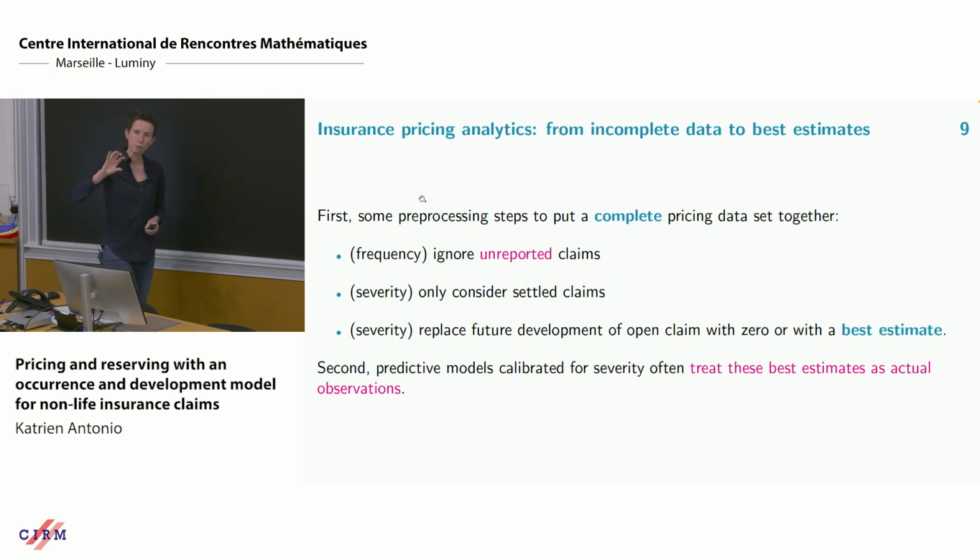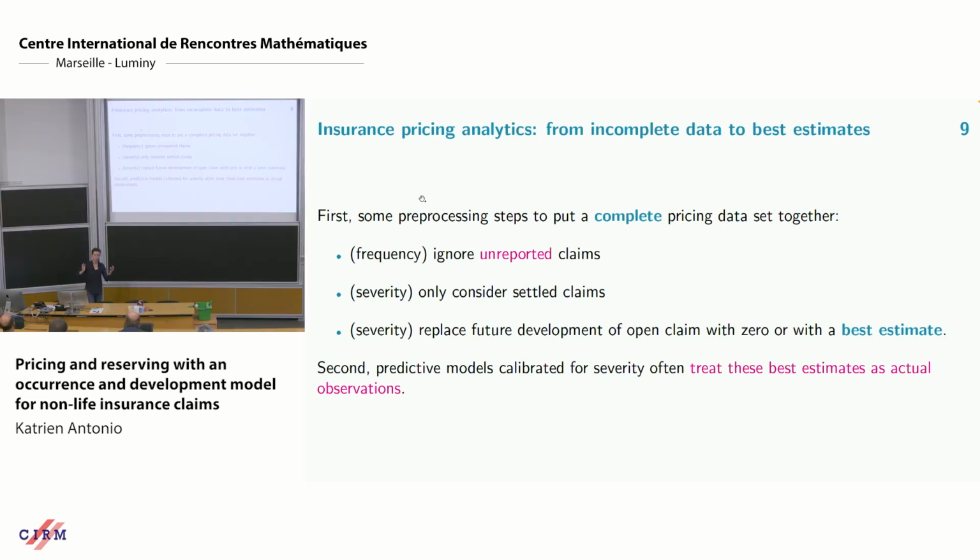And if we look at the severity part, we may either focus on only the settled claims, or we may do some kind of ad hoc best estimate. So we may replace the future development of the open claims either with zero or with some best estimate that we can put together using, for instance, a chain ladder technique or something, tools that we know from reserving.